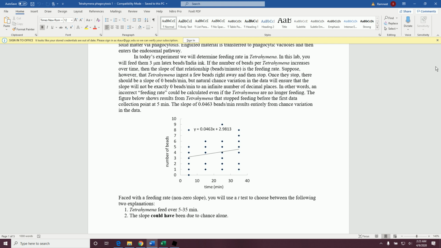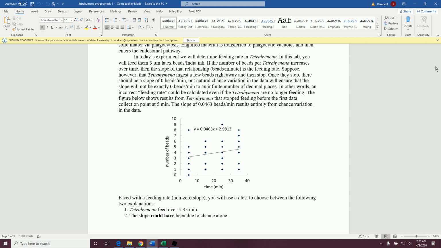Sometimes when we do the experiment, we can get some incorrect results. Maybe the Tetrahymena has actually stopped feeding, but we still get false results which indicate that the Tetrahymena is still feeding. There can be some experimental error, and because of that we can get these kinds of results.